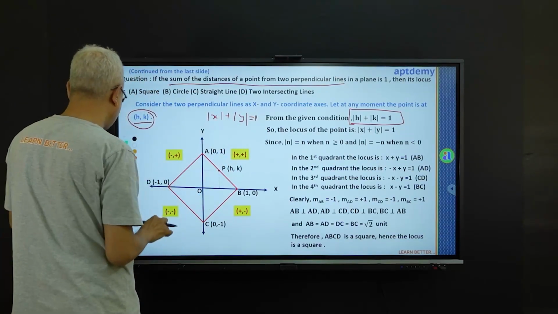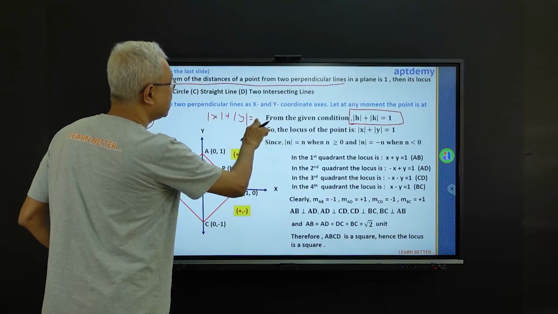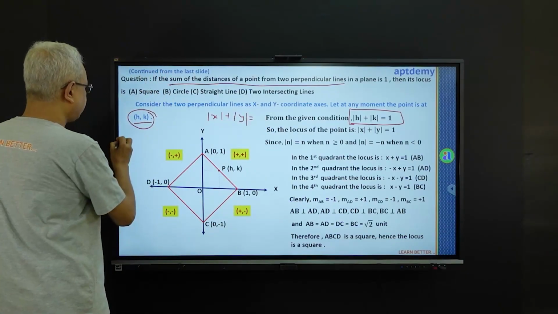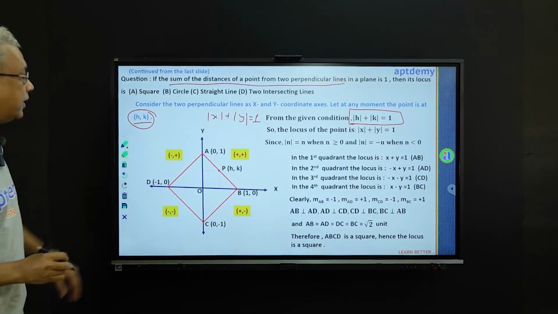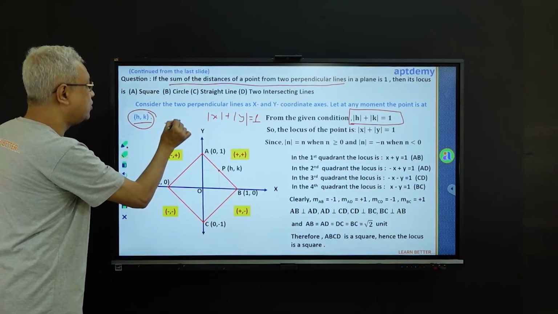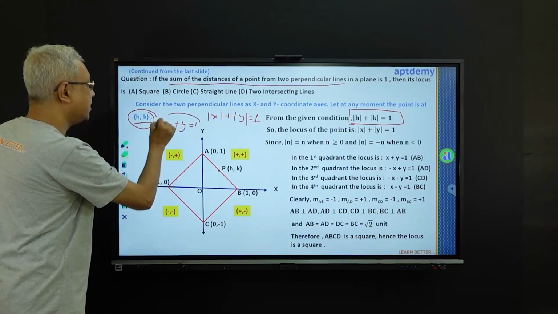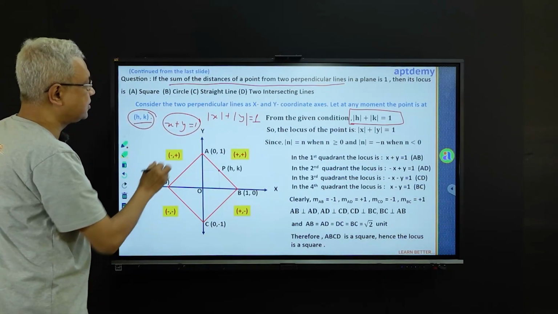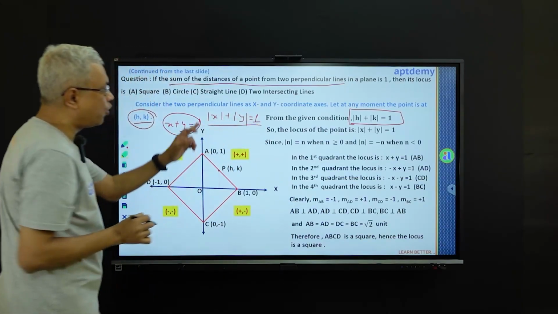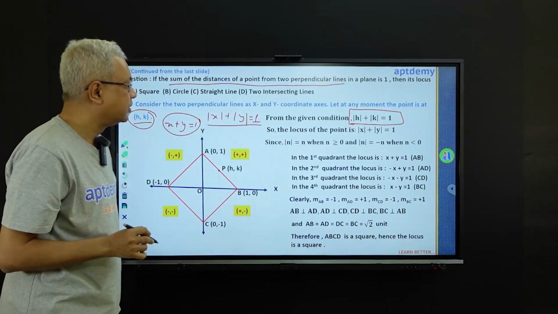But what does it represent actually? Mod x plus mod y is not a conventional equation of a straight line. Had it been x plus y equal to 1, I could easily say that this represents the equation of a straight line. But here it is quite unconventional. It is mod x plus mod y equal to 1.